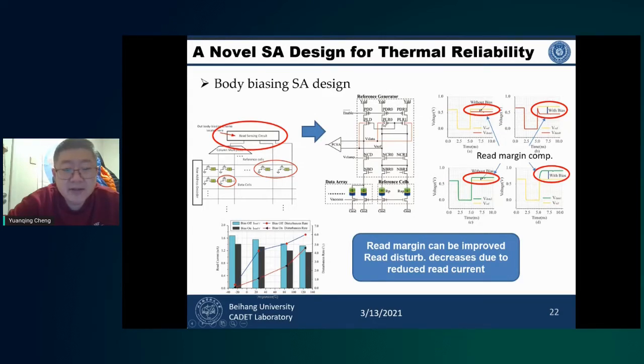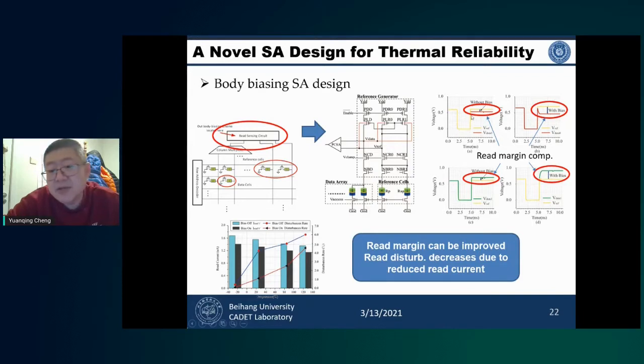We connect the body terminal of the sensing transistor to the data branch to form a feedback loop that can mitigate the thermal issues of the MTJ. That means if the temperature increases, we can give a negative feedback that can enlarge the difference between the sensing data voltage and the reference voltage.